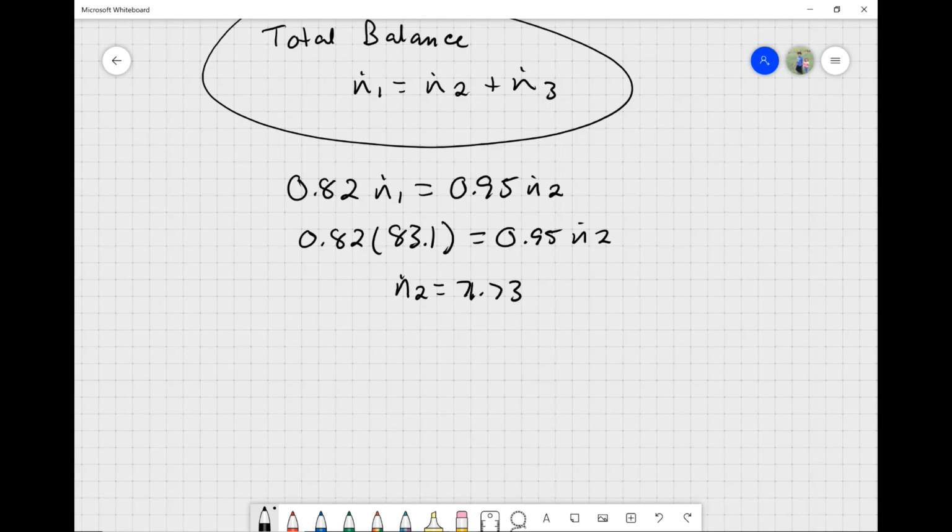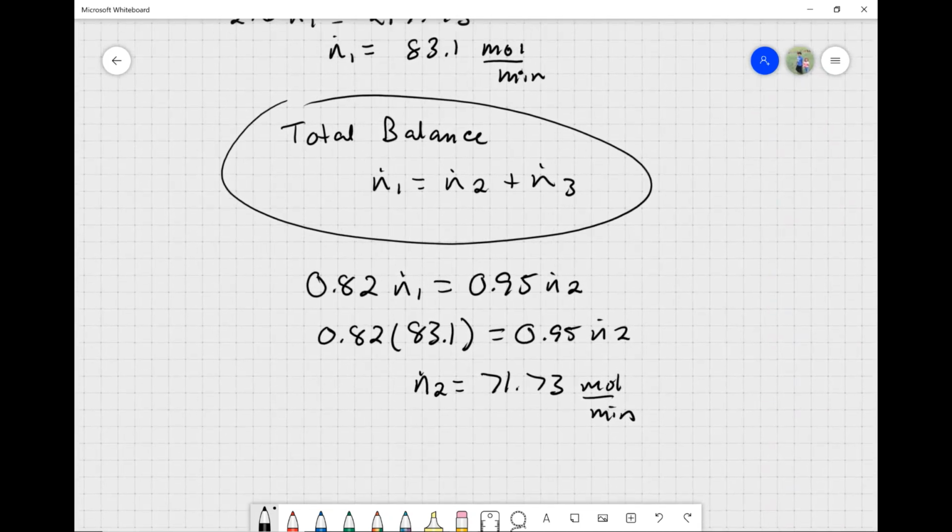And so it's a little messy. Let me fix that. Sorry, my computing woes. And again, moles per minute. So let's go back in our total balance. We'll use it to check.